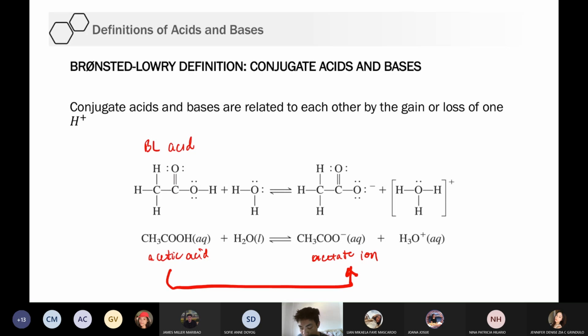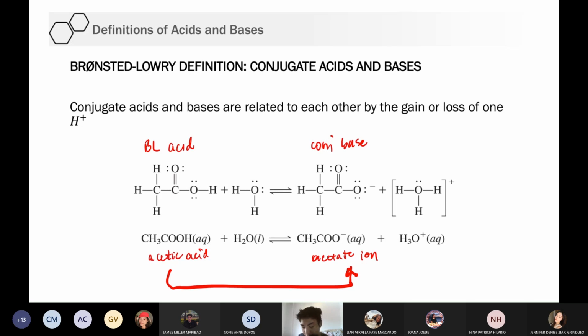Okay? So, since ito ay Bronsted-Lowry acid, ano tawag natin sa acetate ion? Ang tawag sa kanya ay conjugate base. So, ganun lang. So, if you have an acid, pagdating sa product side, once it lost the proton, tawag sa kanya ay conjugate base. Okay, how about water?